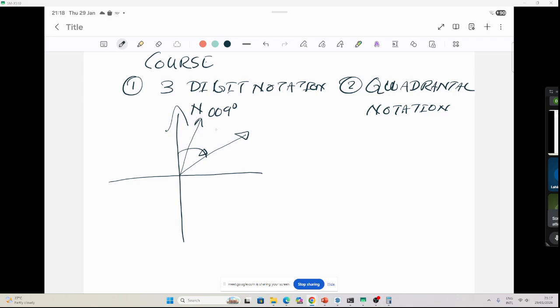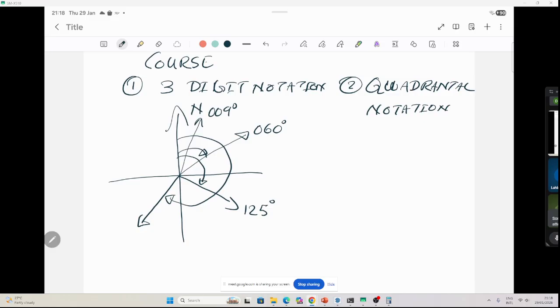Right. So then, for example, this course is 060 degrees. This course, what is the angle? Let's say 100 and this is 90, so let's say 125 degrees. And this course is clockwise direction. How much?